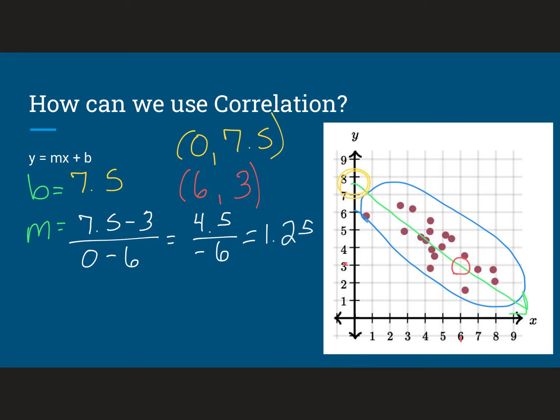So again, I'm going to now put this into my equation. So I have y equals m times x. Oh, and actually, this should be a negative 1.25. This is a negative slope. Negative 1.25 plus 7.5, which is b.